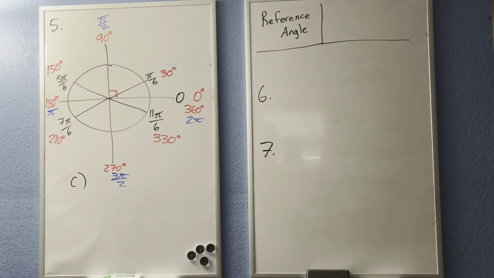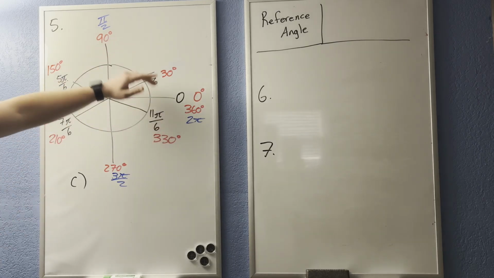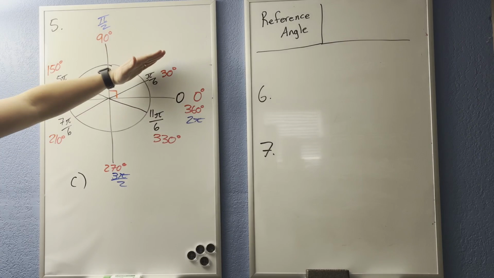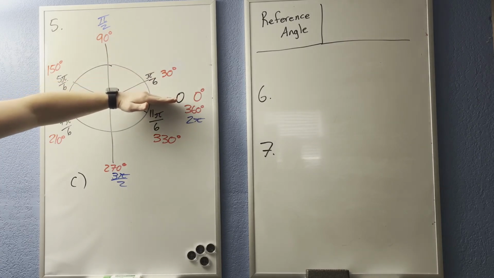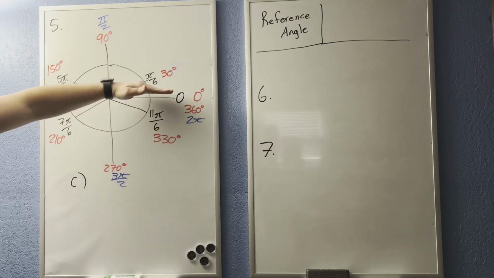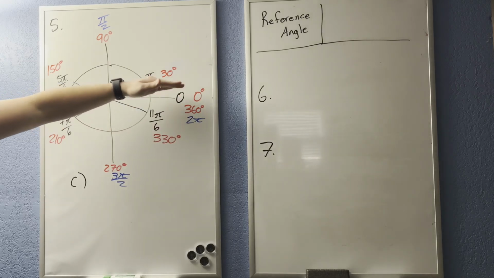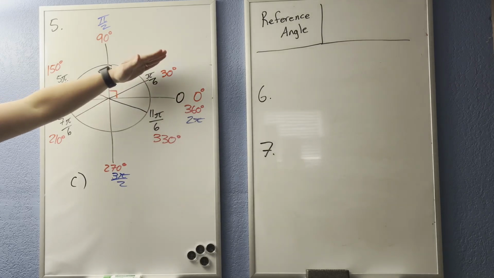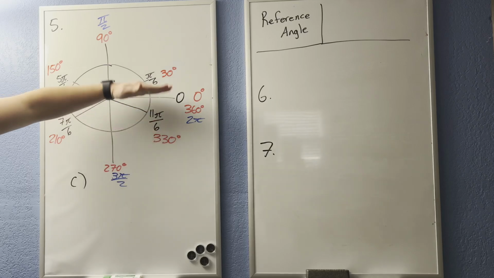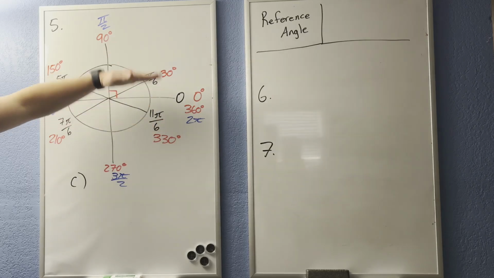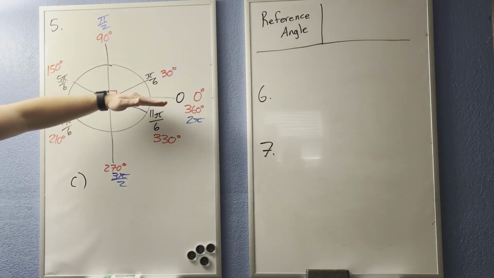Okay, so part C says, what do you notice about the 4 angles as they relate to the x-axis? Let's start over here. What do we notice about 30 versus 0 and 330 versus 0, or 330 versus 360? Well, 0 and 360 are the same. This angle and this angle are only 30 degrees away from the positive x-axis.